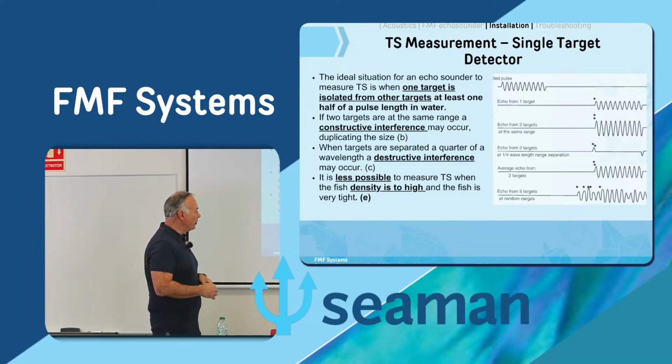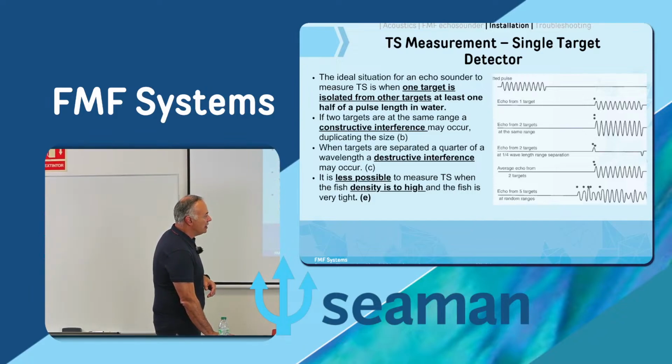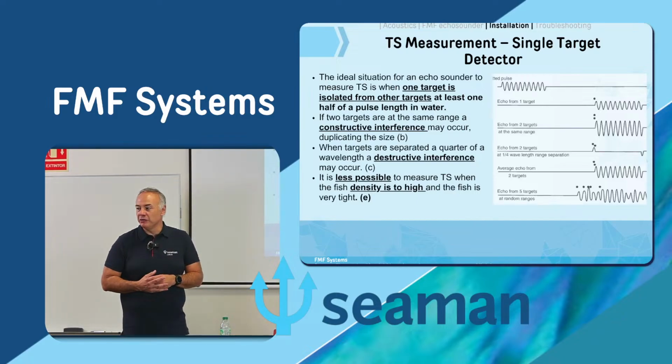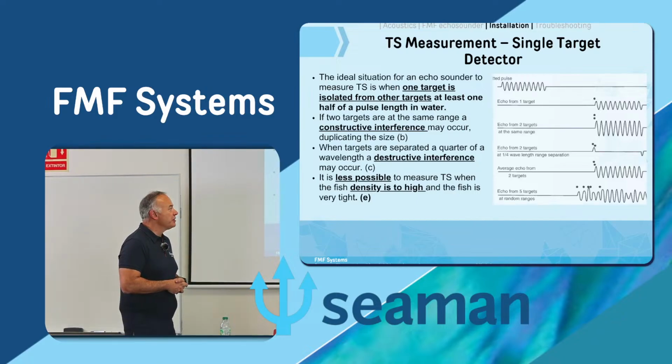And it's also possible that if you have many targets, you will receive echoes at random ranges within the sampling area, and you will receive a totally damaged signal that you will not be able to use to measure size. So this happens: constructive interference or destructive interference.